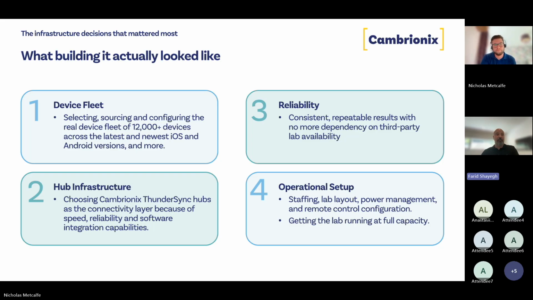I think we finally got over 30 phones connected to a single server, and eventually we increased that with the right type of server and Cambrionix latest hubs to close to about 60 phones per server. These were Linux, so we could have dual power supplies and dual NIC ports and things like that. So they made things a lot easier for us to work with.